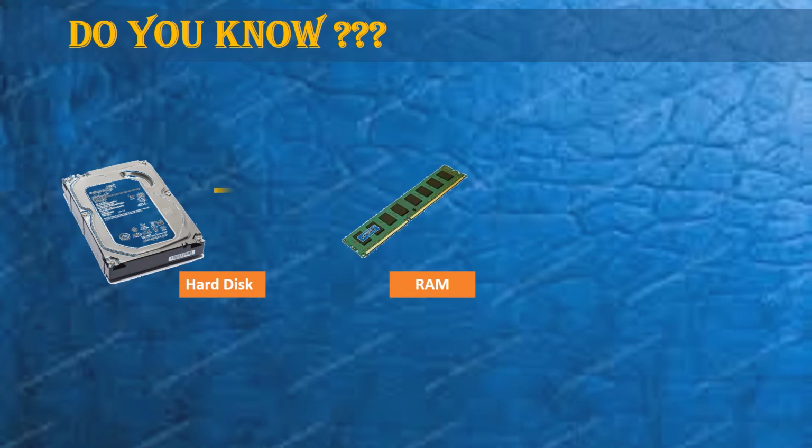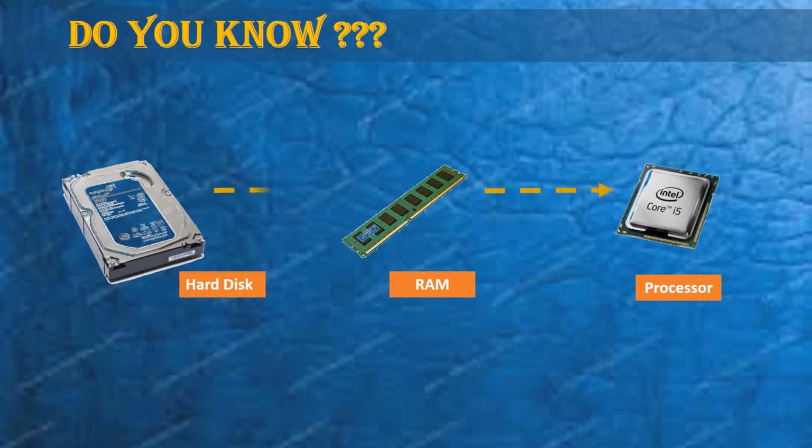An important question arises here: why does the CPU, the processor of the computer, not deal with the hard disk directly? One of the major factors is that it's a slow device, whereas RAM is faster. And to maintain the speed of the computer, the processor always processes the things which are loaded in RAM. And loading is our next topic.